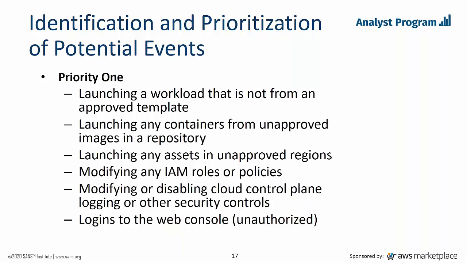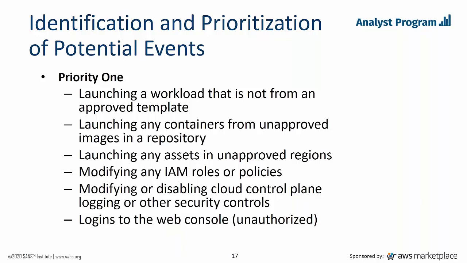These are some examples that I will give for prioritization areas, and they really are just examples, and I would certainly not be offended if any of you disagreed with some of the things I've listed. This is just based on some of my experience working with SOC teams. I'd say anything being launched from an unapproved template or containers coming from unapproved images is a priority because, again, it could cause operational problems as much as anything else.